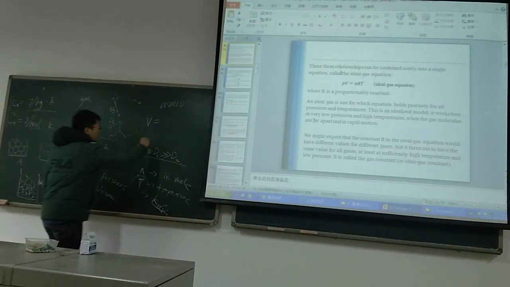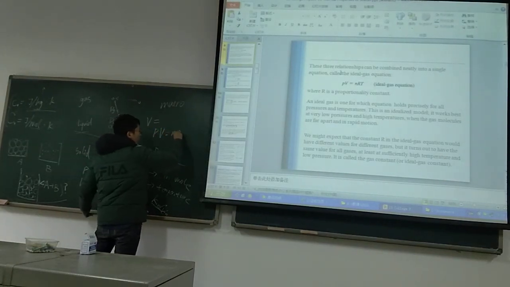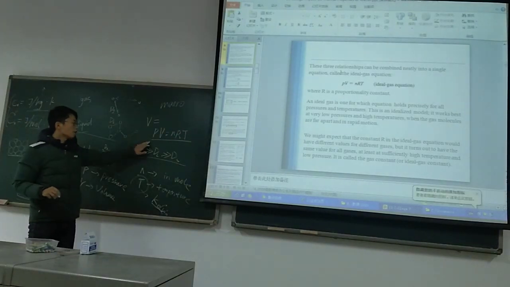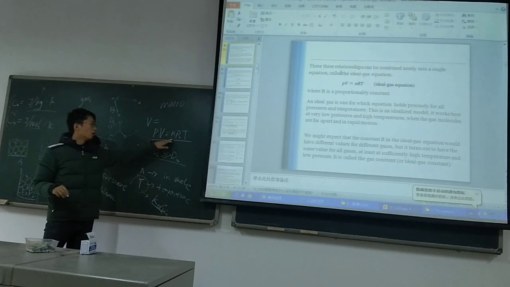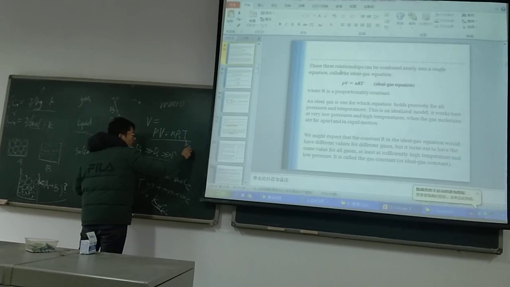PV equals nRT: pressure, volume, number of moles, the constant, and the temperature. Temperature in K.